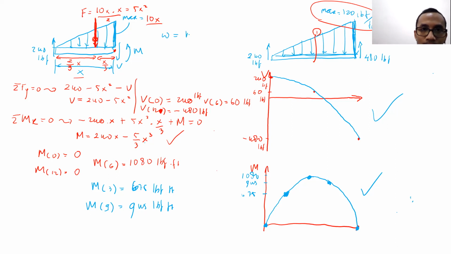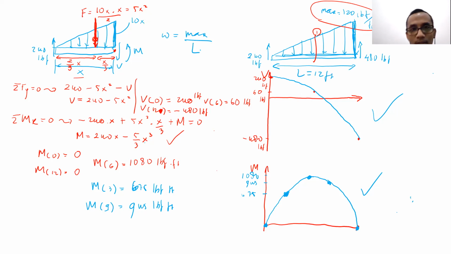If this one is not maximum, then don't put it as maximum, it's just 10x. So the equation for W is the maximum divided by the whole length, multiplied by x.